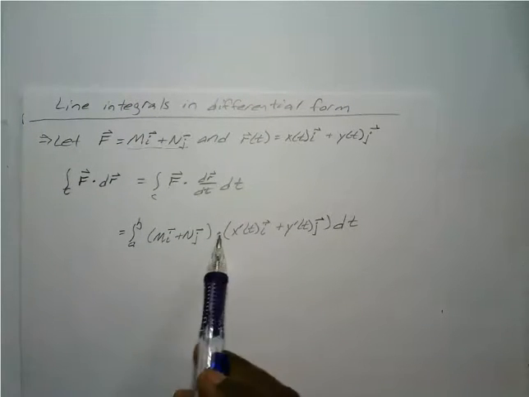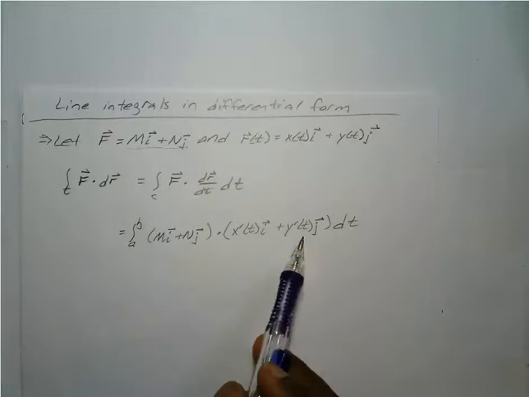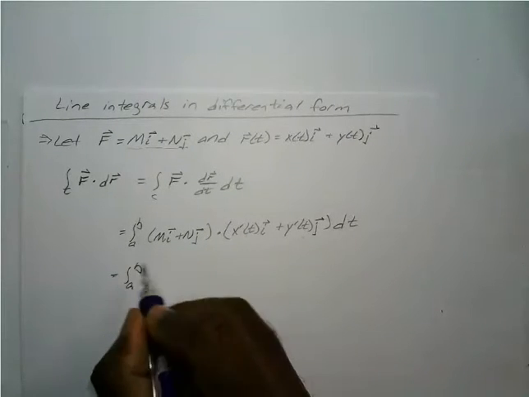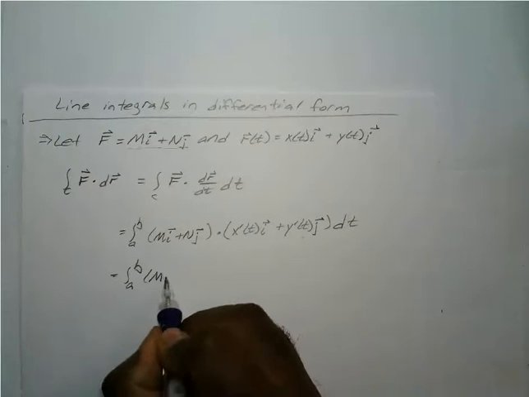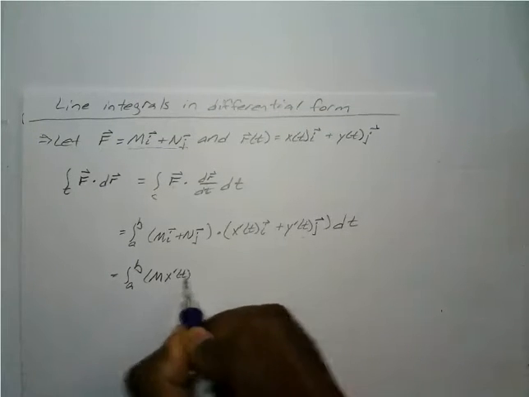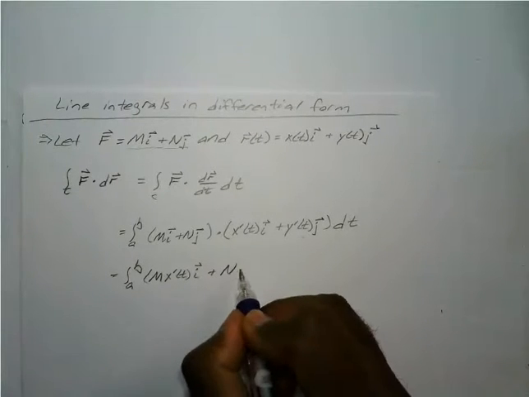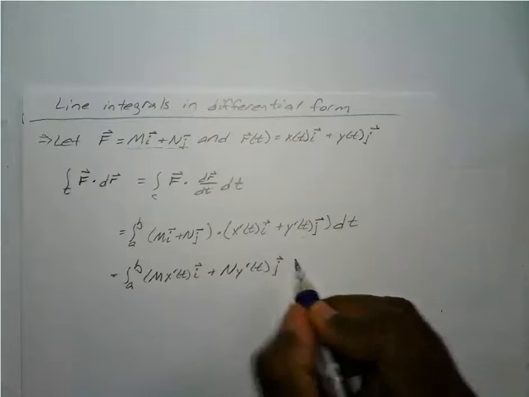Now remember, with your dot product, you multiply the first terms, you multiply the second terms. That's the integral from a to b. Okay, so you have m times x prime of t, i unit vector, plus n times y prime of t times your j unit vector.